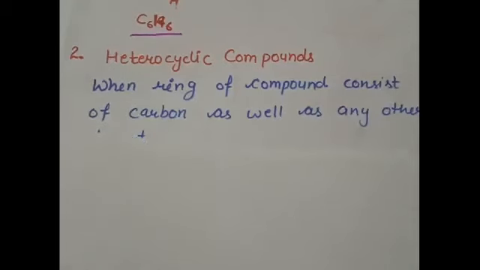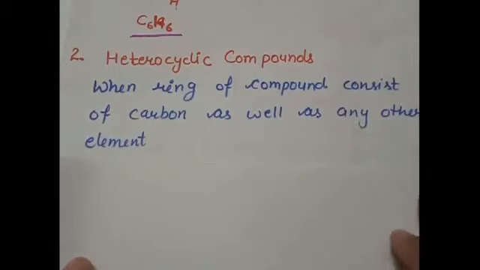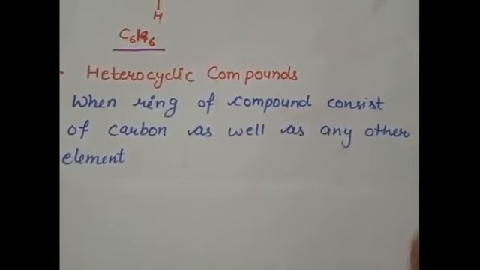Then we have the second part of cyclic compounds, that is heterocyclic compounds. The word hetero means different. So what is different here? As we know, in a homocyclic compound, only carbon atoms form the ring. But here, as the word hetero tells, when the ring of the compound consists of carbon as well as any other atom of some different element, then that compound will be known as a heterocyclic compound.